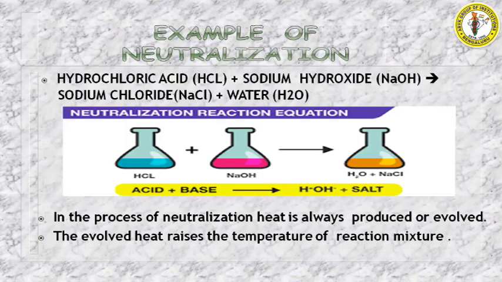Hydrochloric acid is an acid. It combines with a base. What is the base here? Sodium hydroxide is a base. So when acid reacts with base, it gives rise to salt plus water. Here the salt is sodium chloride, NaCl, and it also liberates water, that is H2O. Understood? So this is one of the neutralization reaction examples.